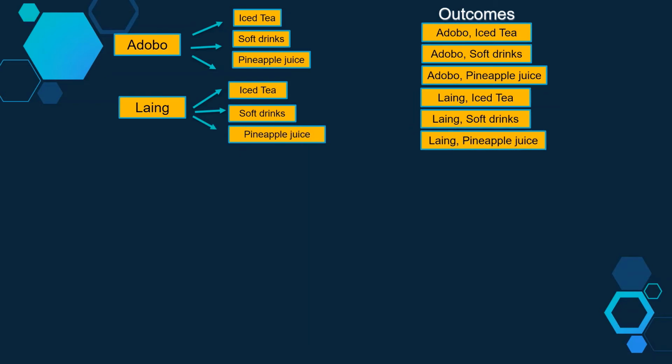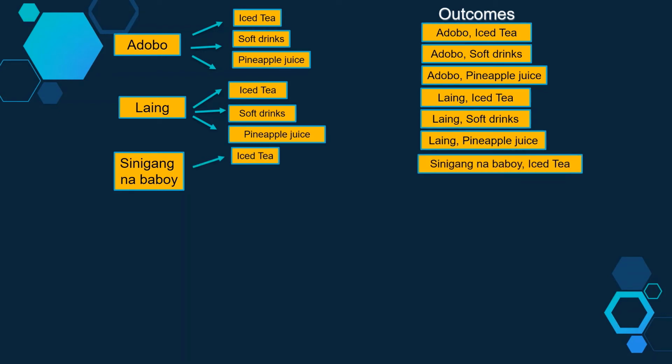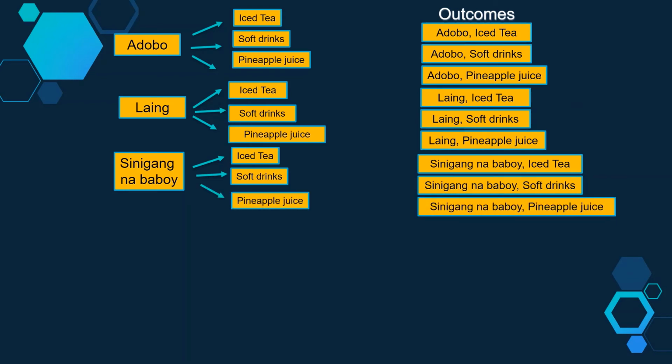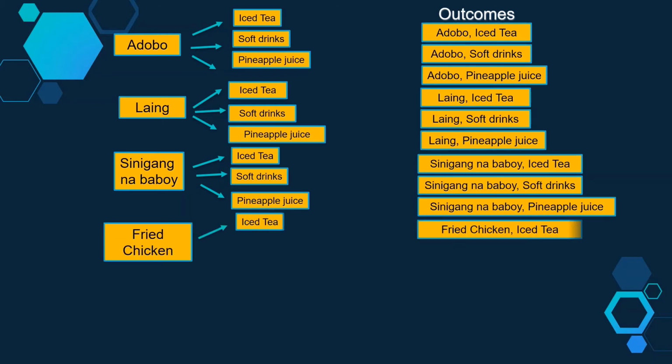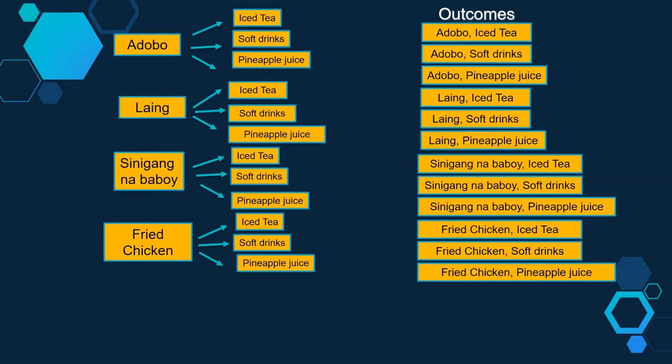pineapple juice. And then sa next na ulam, sinigang na baboy, paired with iced tea, so sinigang na baboy and iced tea. And then we have sinigang na baboy and soft drinks, and we have sinigang na baboy and pineapple juice. And then sa next na ulam, we have fried chicken, so fried chicken and iced tea, fried chicken and soft drinks, fried chicken and pineapple juice.